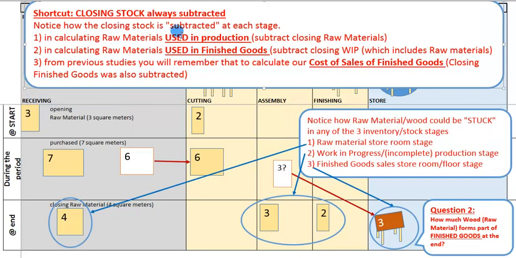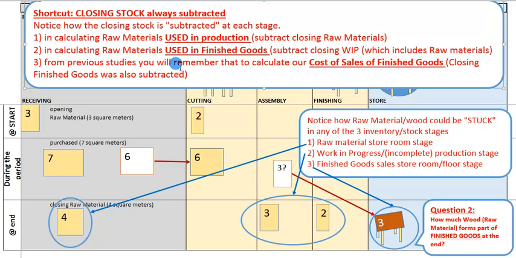Right, and here's our shortcut then. Notice how the closing stock is subtracted at each stage. Right, we already talked about that. In calculating the raw material used in production or in the factory, we subtracted the closing raw materials, the 4. And in calculating the raw material used in finished goods, we subtracted the 5 that was stuck in work in progress as incomplete. These tables are not complete.